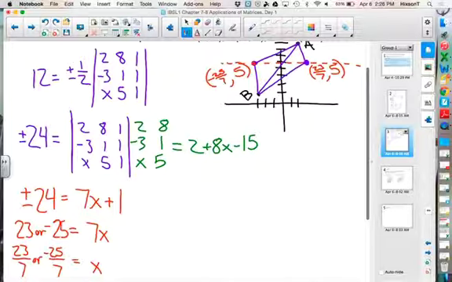Then on my backwards diagonals, I've got minus a negative 24, so plus 24, minus 2 times 5 times 1 is 10, minus 1 times 1 times x, so minus x. So that's how we're going to get 8x minus x is 7x, 2 minus 15 is negative 13, plus 24 is 11, minus 10 is 1.